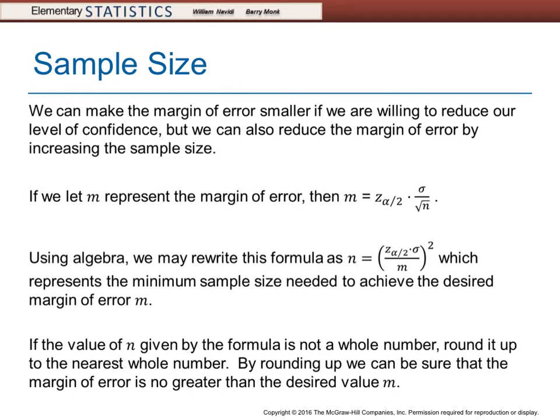If the value of n given by the formula is not a whole number, always round up to the nearest whole number. By rounding up, we can be sure that the margin of error is no greater than the desired value m.